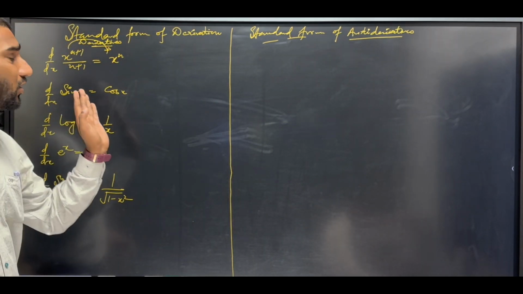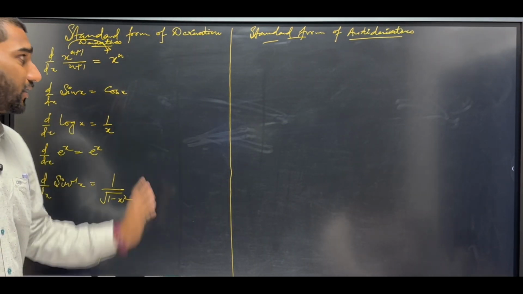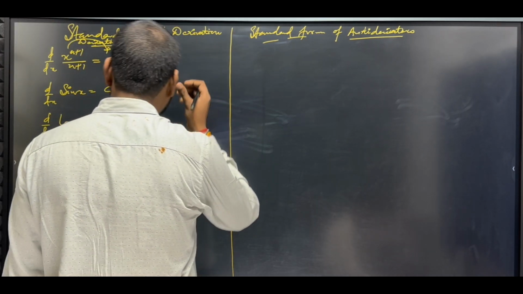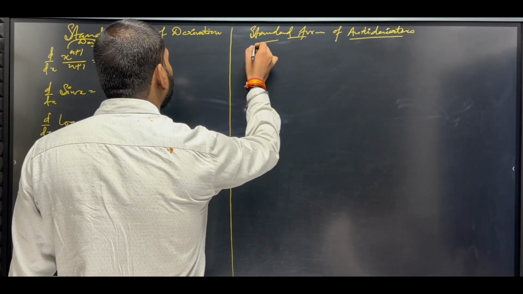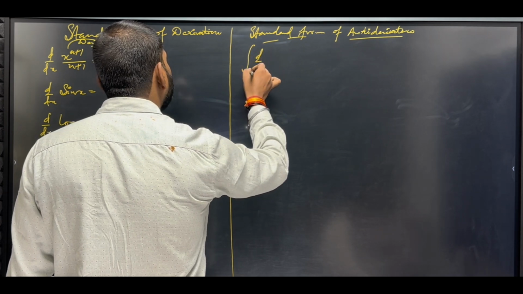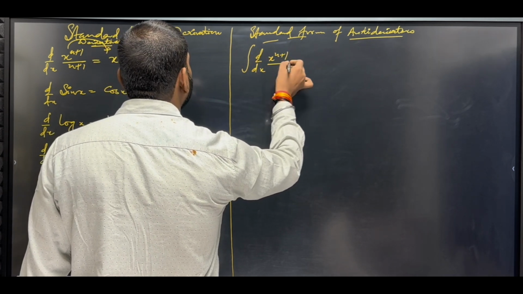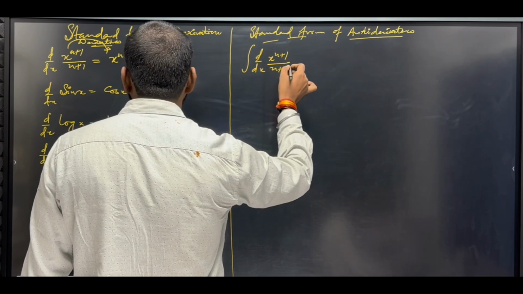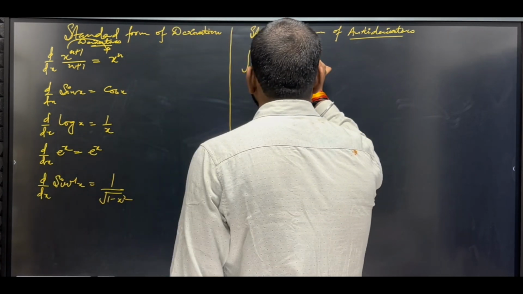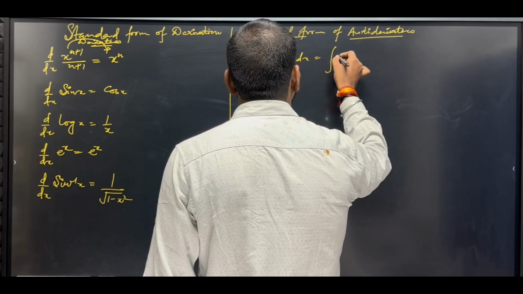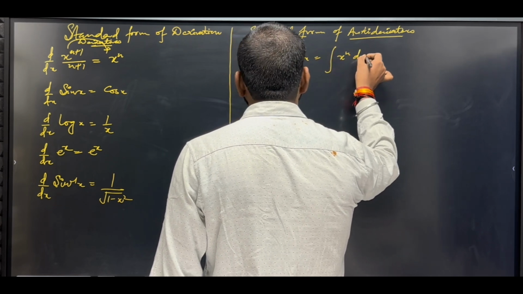Derivatives were already discussed in class 11. What is antiderivatives? The antiderivative can be represented as the integration of d by dx of x to the power n plus 1 by n plus 1 dx, which is equal to the integration of x to the power n dx.